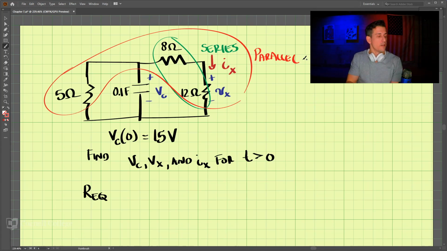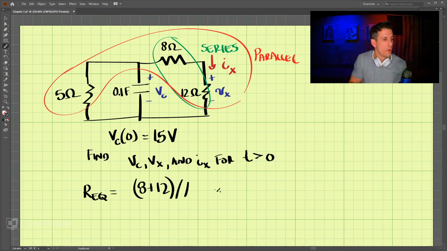So Req, the equivalent resistance, is equal to 8 plus 12 in parallel with 5 ohms.